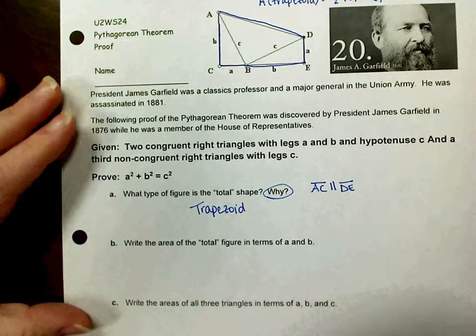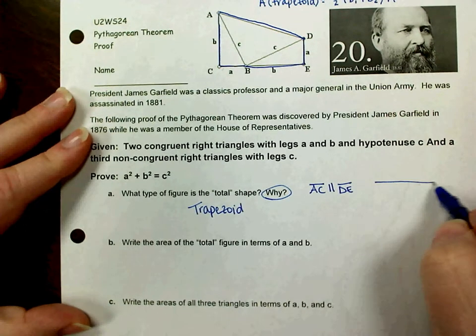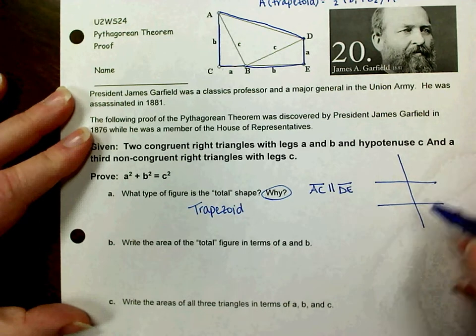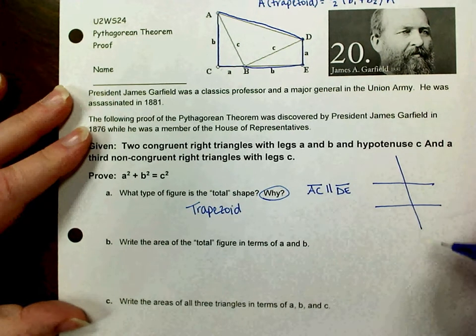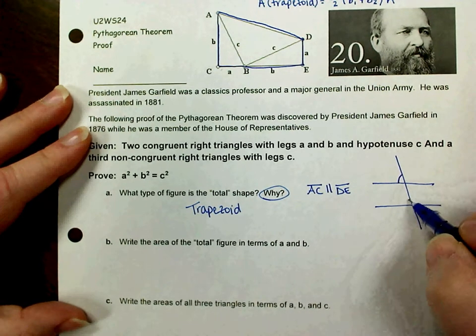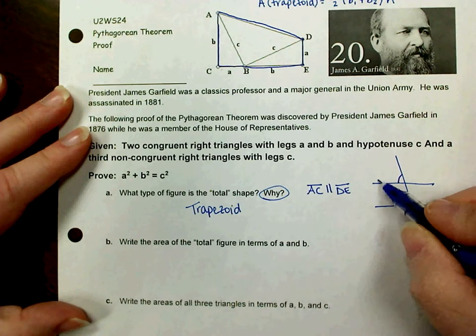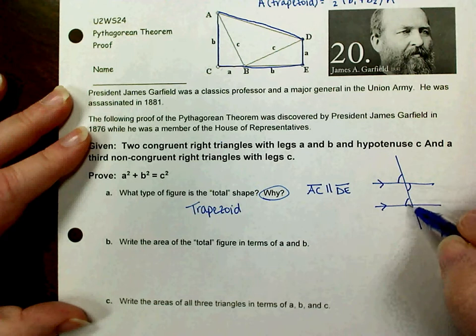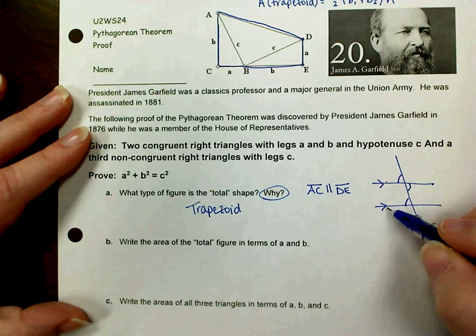And we learned a lot of different reasons of why sides can be parallel. So, if I have two lines cut by a transversal, if the corresponding angles are congruent, remember that tells us these lines have to be parallel. We also learned if alternate interior angles are congruent, these lines have to be parallel.